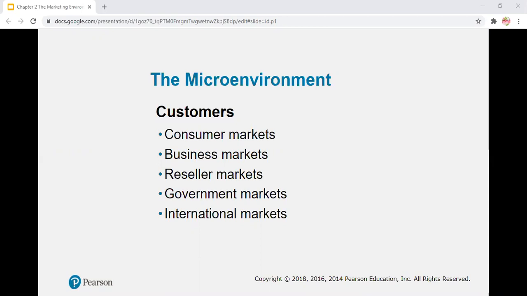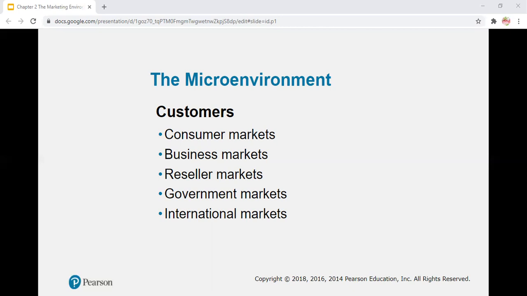So why this classification? Because each market type has special characteristics that call for careful study by the seller. When you sell something to the consumer market, you don't have the same strategy as when you try to sell the same thing to business markets. You don't have the same message, you don't have the same communication, and so on.